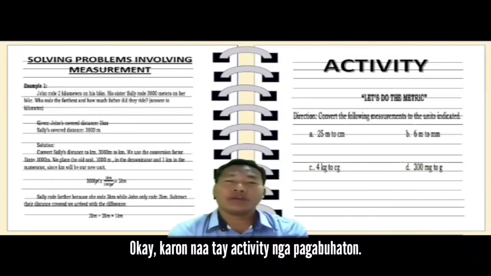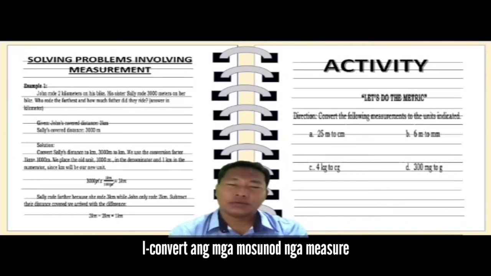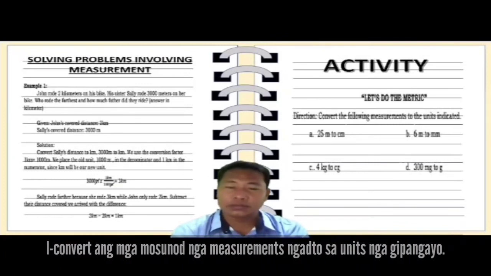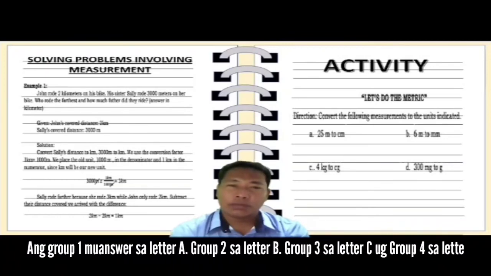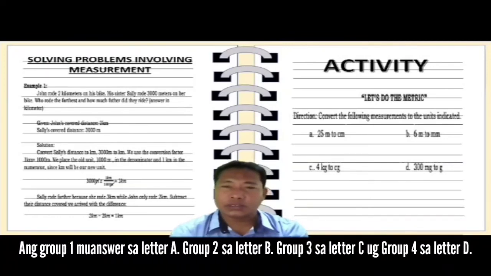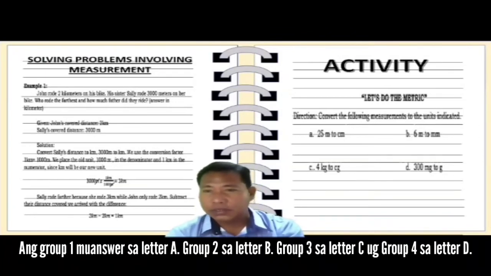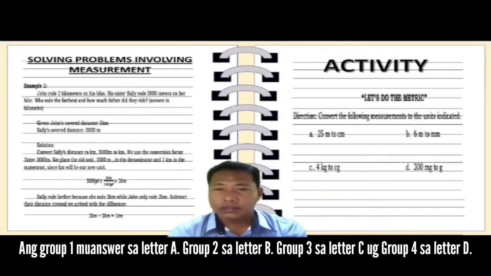Okay, we have here an activity. We're going to convert the following measurements to the units indicated. I will assign group 1 to answer letter A. Group 2 is assigned to letter B. And letter C will be converted by group 3.